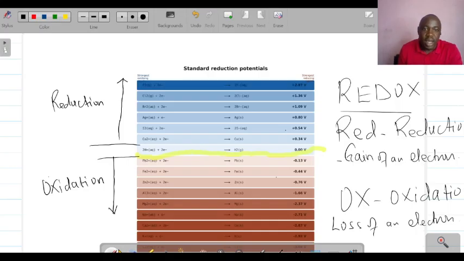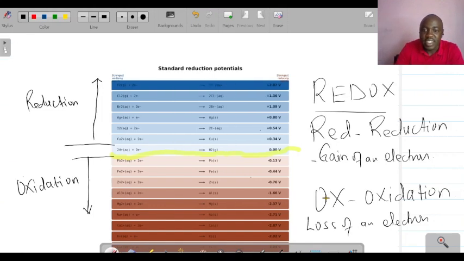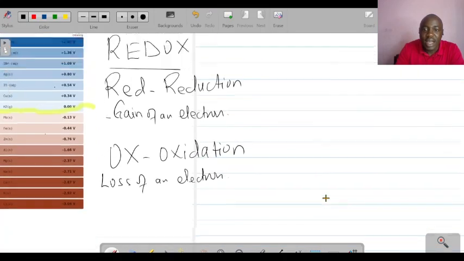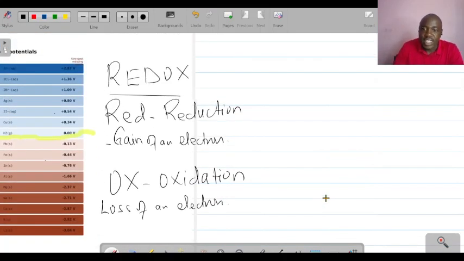Similarly, at my far end, there are some terms which have been written as the strongest oxidizing agent as well as the strongest reducing agent. So we have two terms, that is reducing agent and oxidizing agent. A reducing agent is simply the substance that undergoes oxidation.